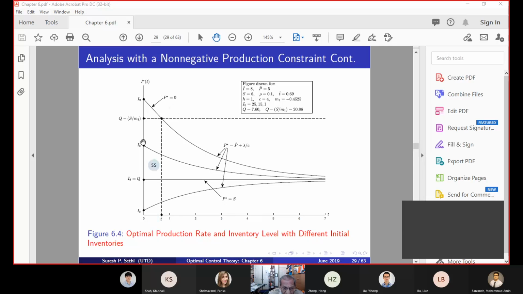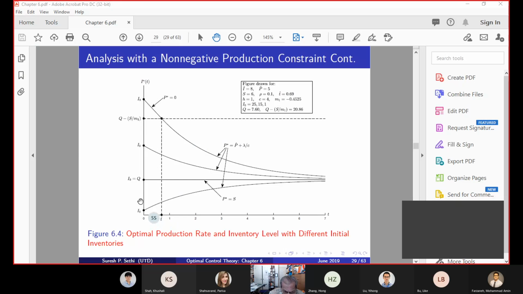I'm producing according to the formula. If I'm right here, then I will stay right here by producing P star equal to S. That means I have a Q here. I'm producing exactly equal to demand, so my inventory will stay exactly at Q. So Q is 7.60.